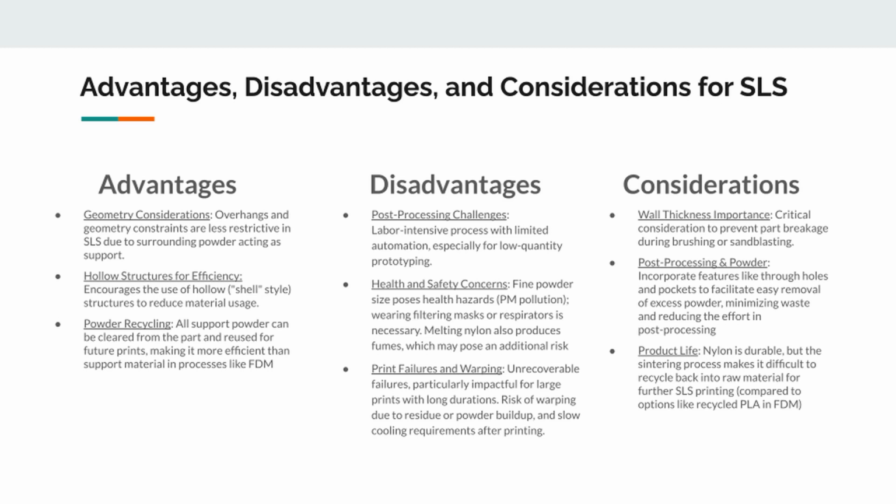So one of the big disadvantages is post-processing challenges, which is because it's a very labor-intensive process with limited automation. You really don't want to do any low-quantity prototyping because it's very ineffective for that. And there's also health and safety concerns. Because of the fine powder, it possesses a health hazard.